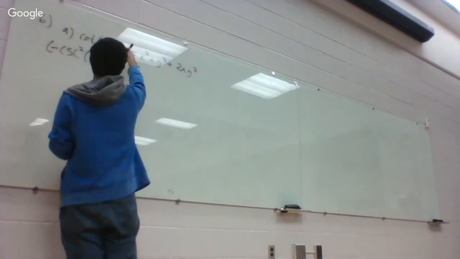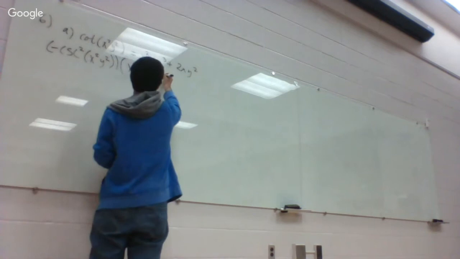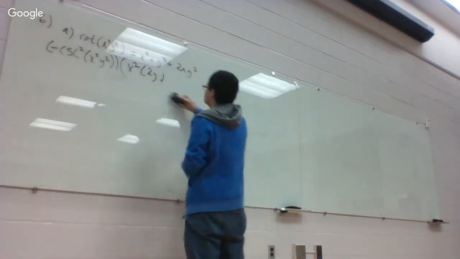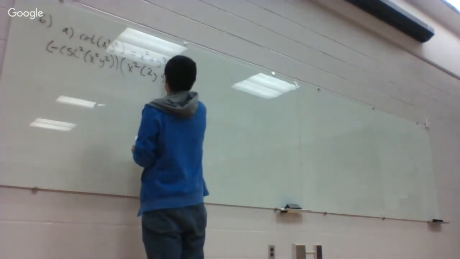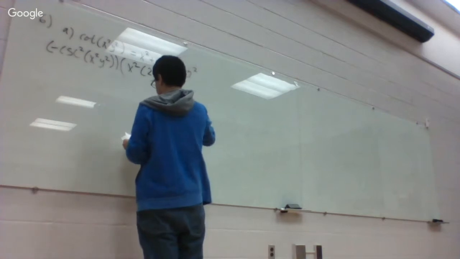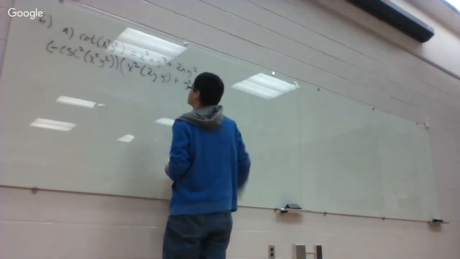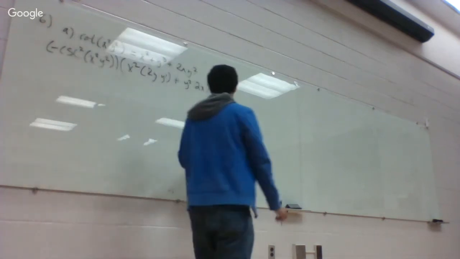So we do x squared, the derivative of the y squared, which is 2y times y prime, because of the chain rule, plus y squared times 2x. Not too bad.